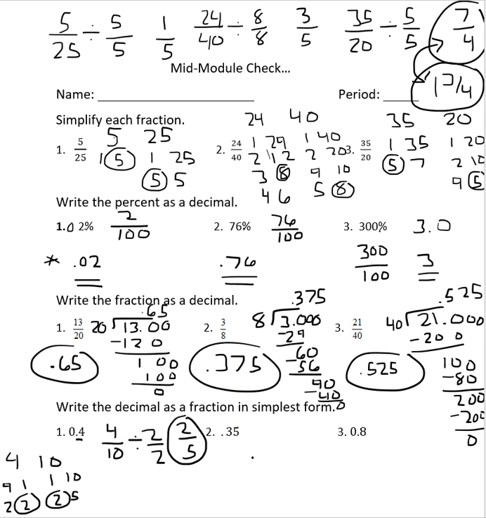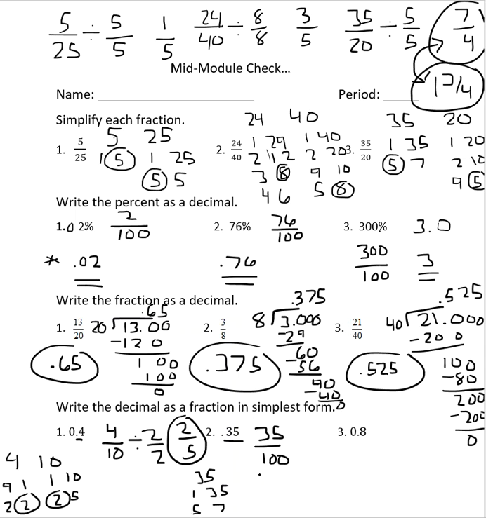Okay, the next one, 0.35. This is 35 hundredths. 3 is in the tenth spot, 5 is in the hundredth spot. So we would write it, 35 hundredths. And now we need to simplify. So if we list the factors of 35, let's see, 1 times 35 and 5 times 7.